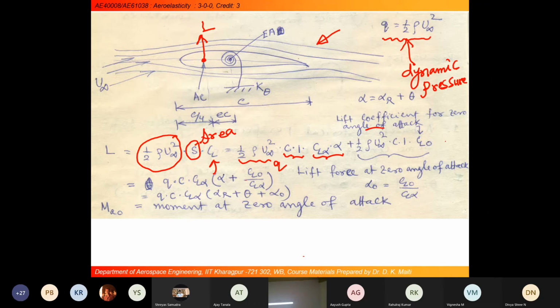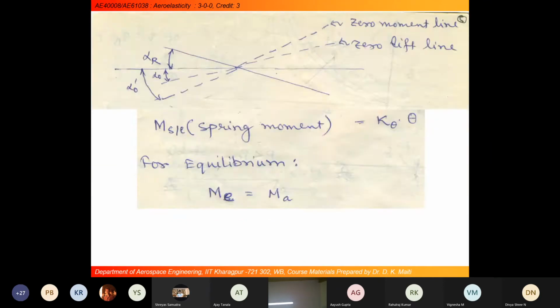Then I can equate: whatever aerodynamic moment is developed has to be balanced by the restoring elastic moment. The spring we have considered is the torsional spring k theta. K theta multiplied by theta will give us the restoring elastic moment. Is it clear now what I am saying?